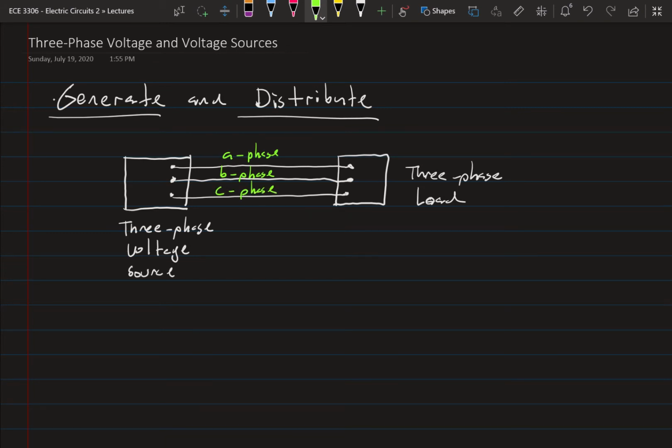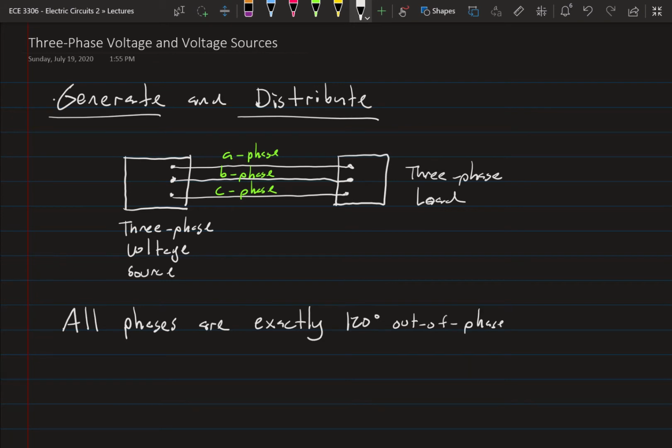And what makes it special is that all the phases are exactly 120 degrees out of phase with each other.